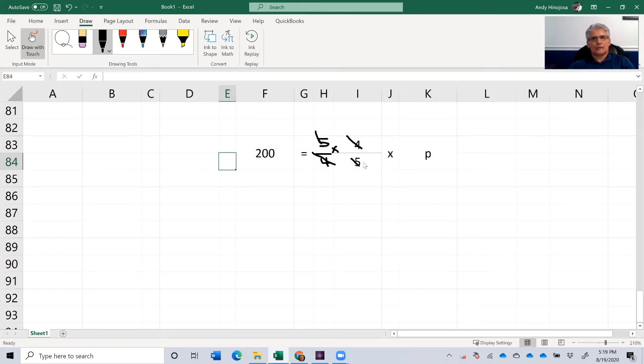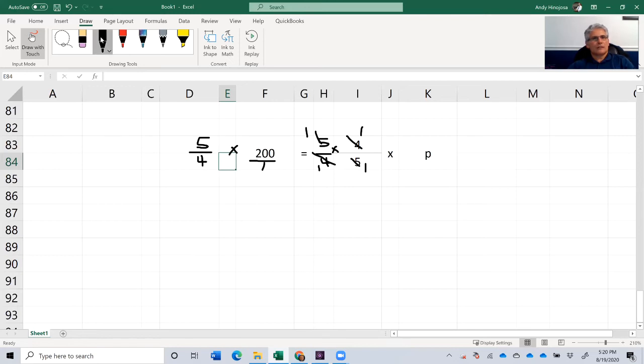Everything cancels out to 1. 1 times P is P. Whatever we do to the right side of the equation, we have to do to the left side of the equation. So we're going to take the 200 and multiply it by 5/4. We just convert this to 200 over 1, and then we solve.